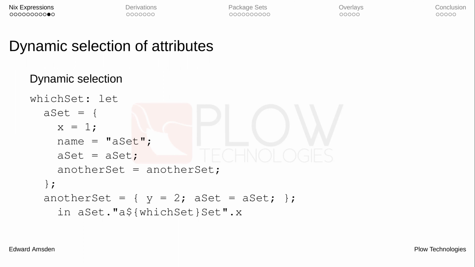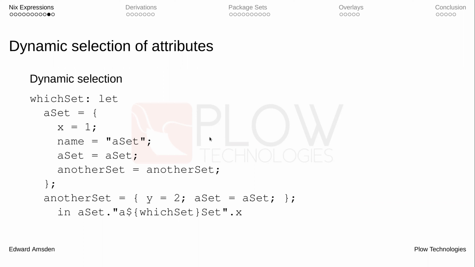list to attrs, that essentially takes some key value pairs. Of course, Nix doesn't have pairs, so it takes a list of attribute sets, each of which has a name and a value attribute, and turns that into an attribute set.